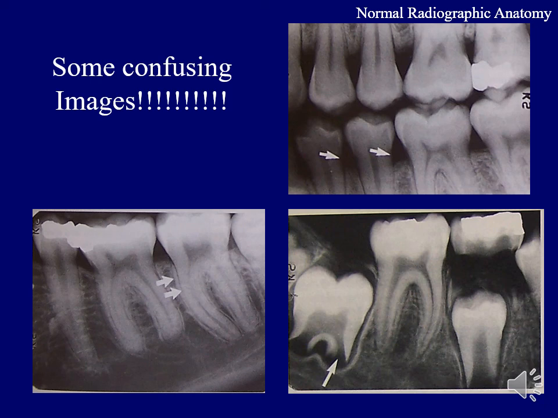And the third confusing image, which is seen on the left hand side, is double periodontal ligament space. That is, we see two periodontal ligament spaces on a single root surface. That is because of the shape of a tooth where two convexities are seen on a single root surface, resembling a double periodontal ligament space.